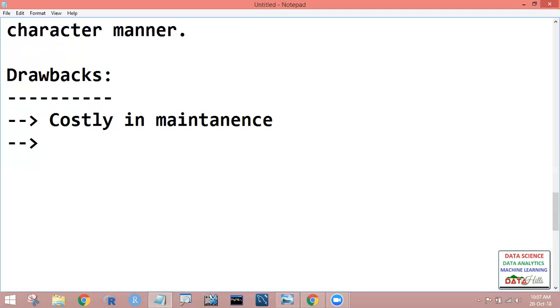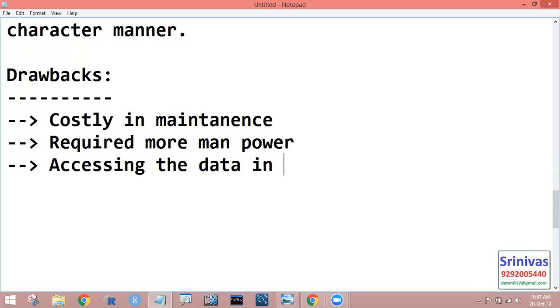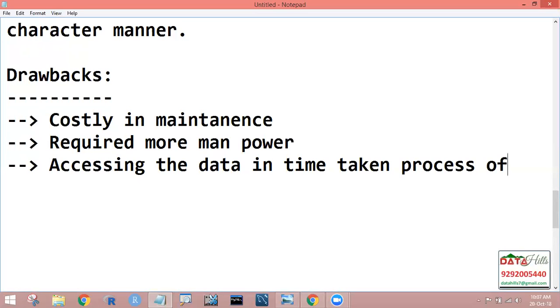Here we required so many developers to work on this file management system. Time consumption is also there. Accessing the data is a time-consuming method.